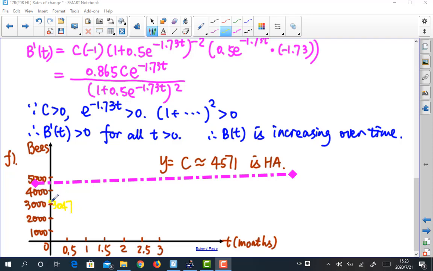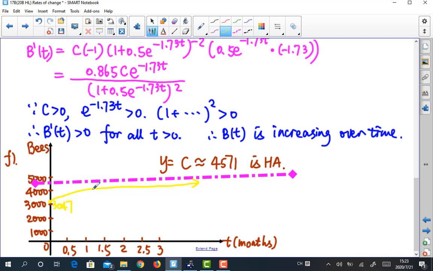So the y value when t equals 0 is here. And based on question E, we know this b of t should be increasing over time. So this graph should look like this one. And based on question C, we know y equals c. So c is around 4,571, which is the horizontal asymptote.